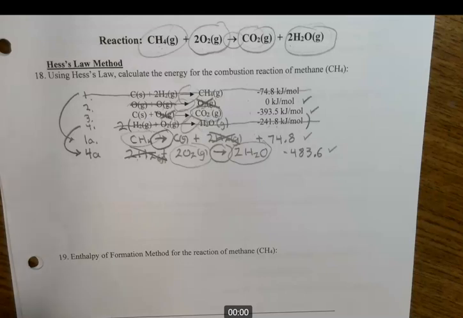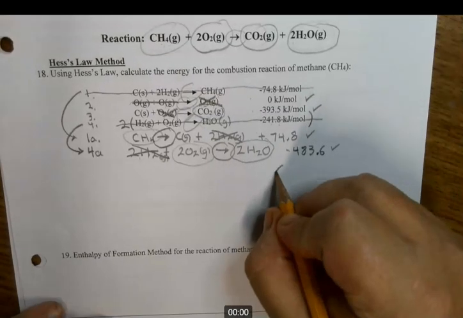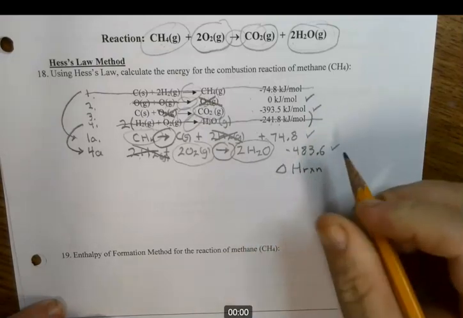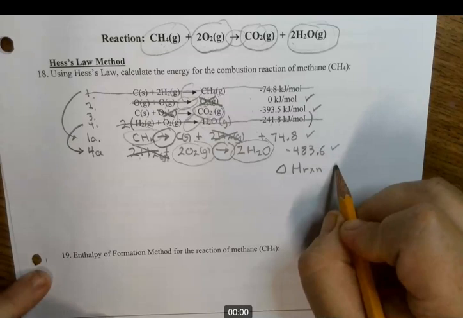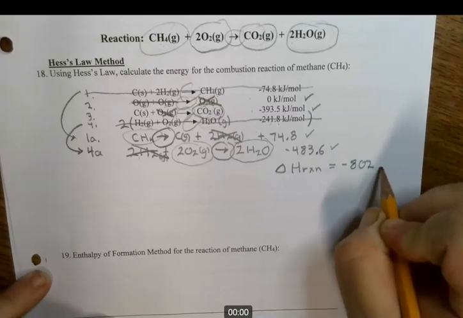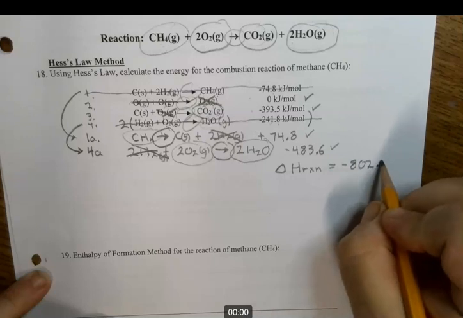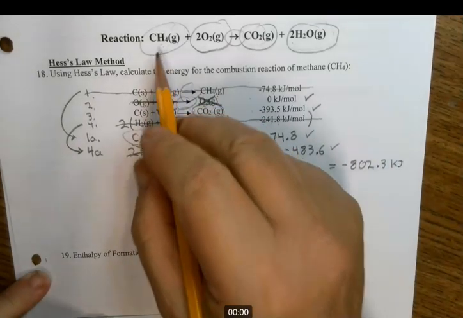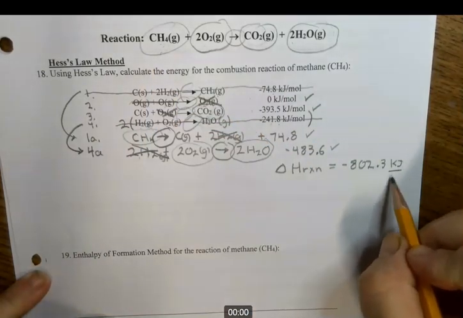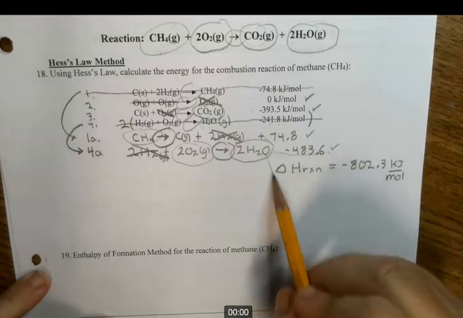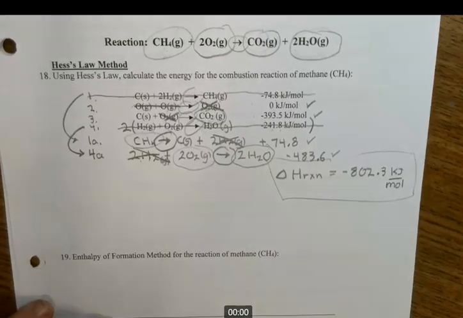And it gives us a delta H of reaction for methane of negative 802.3 kilojoules. And since we've reacted exactly 1 mole, we can call that kilojoules per mole if we want to do that. So that would be our reaction there.